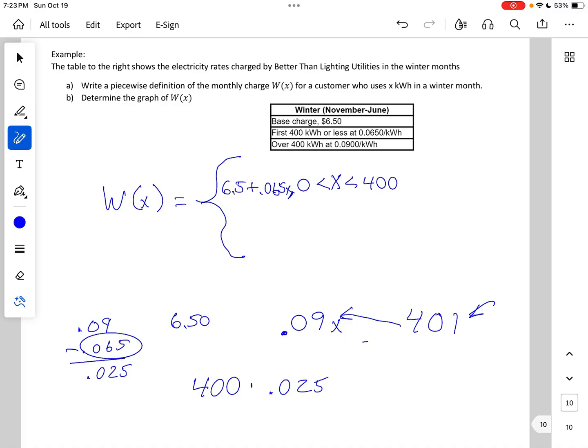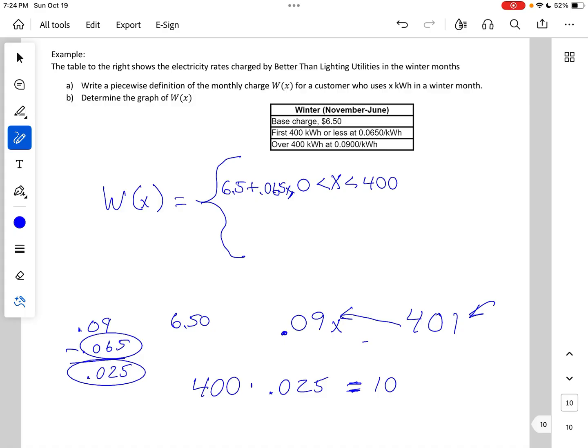Times 0.025. Oh, no, that's going to be 10. I apologize. Because we are at 0.025, it's 2.5 cents, not a quarter. Okay, 2.5 cents. So if I take 400 times 0.025, it's going to be 10. So I'm going to take that away from my 6.50.